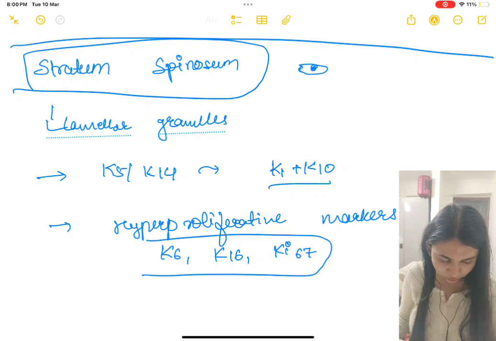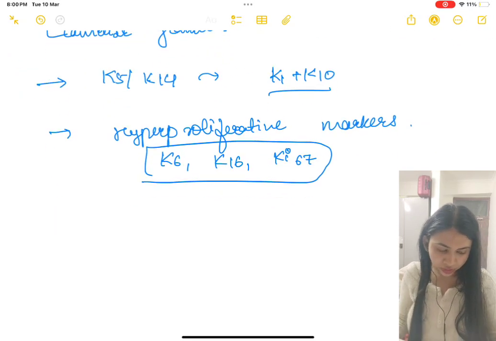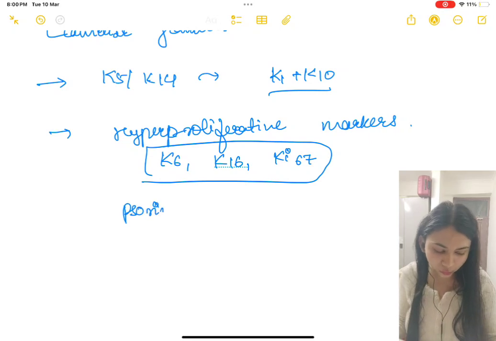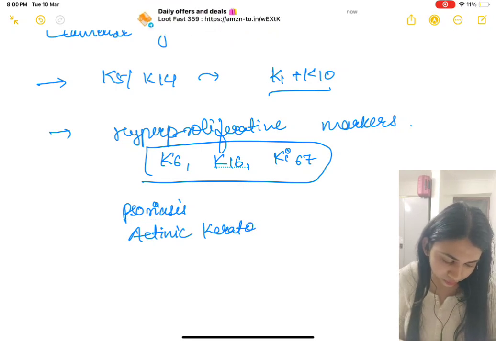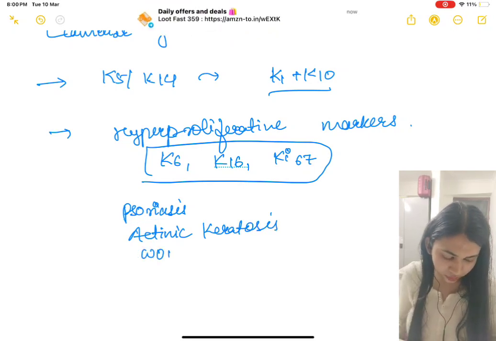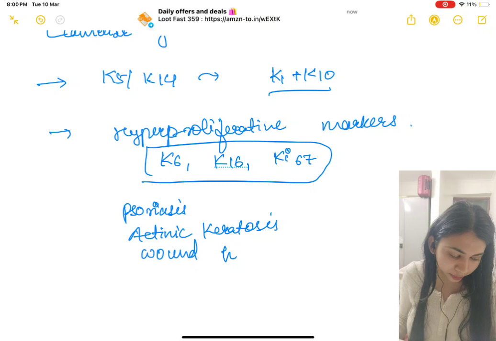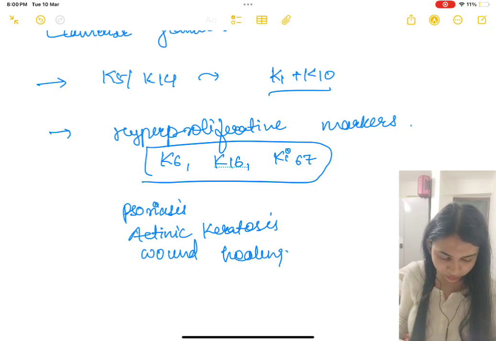In hyperproliferative conditions like psoriasis, actinic keratosis and wound healing, where the skin is proliferating rapidly, these markers will increase, right?